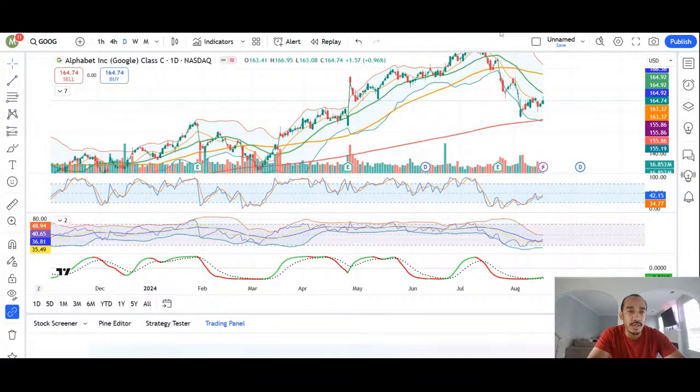All right, so the one stock that I found was Google, aka Alphabet. And like I said, this is not a swing trade that I'm gonna do, but this was the best I could find. And I'm gonna explain why I like this trade, and we're gonna go back over it next Swing Trade Sunday. This is the only one I really came up with.